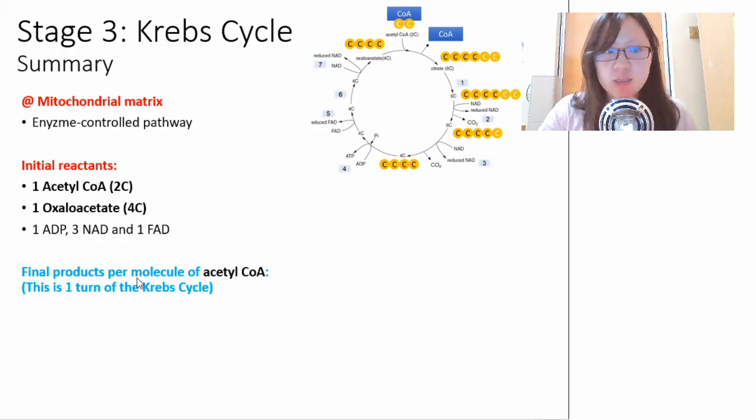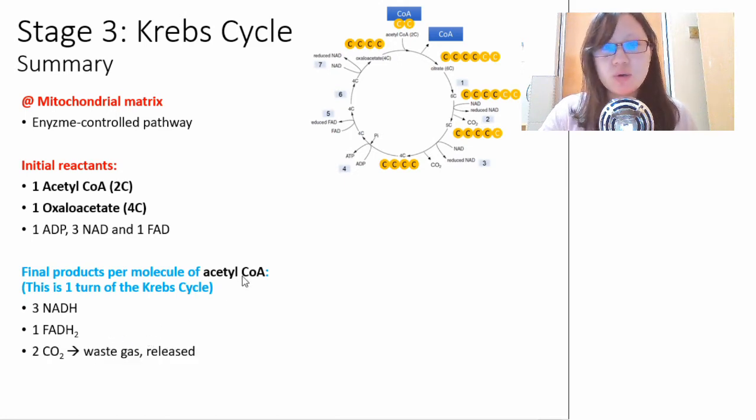The final products per molecule of 1 acetyl CoA, this is 1 turn of the Krebs cycle, would be 3 NADH because it's produced at step 2, step 3, and step 7. 1 FADH2 or reduced FAD, you can use either term. 2 CO2s and 1 ATP molecule. And of course, the oxaloacetate molecule is also regenerated and then reused in the cycle.